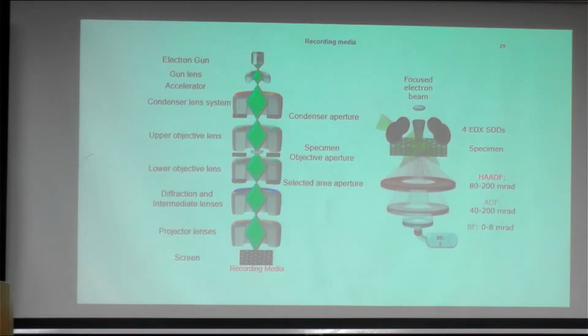To collect signal for chemical information from your specimen, you need EDX detectors, which are located above the specimen, and there are also other detectors for chemical analysis. This is the electron energy loss spectroscopy detector, which is situated underneath the specimen and all the lenses.